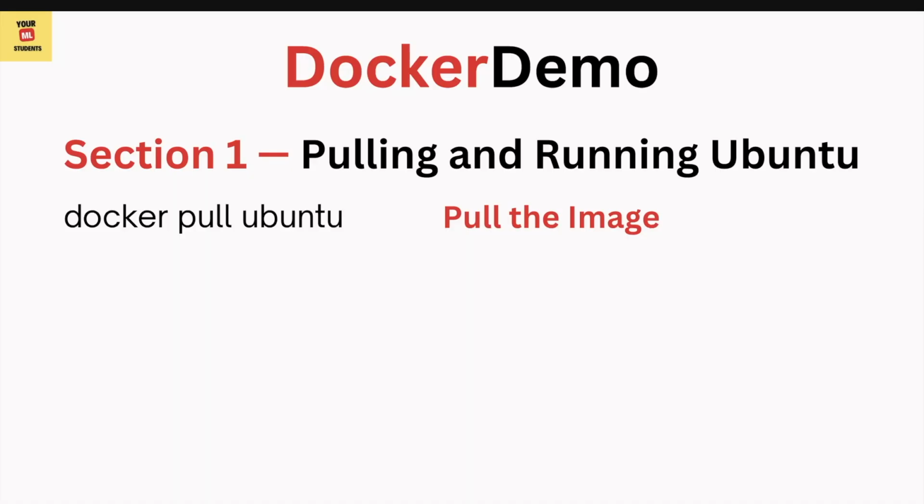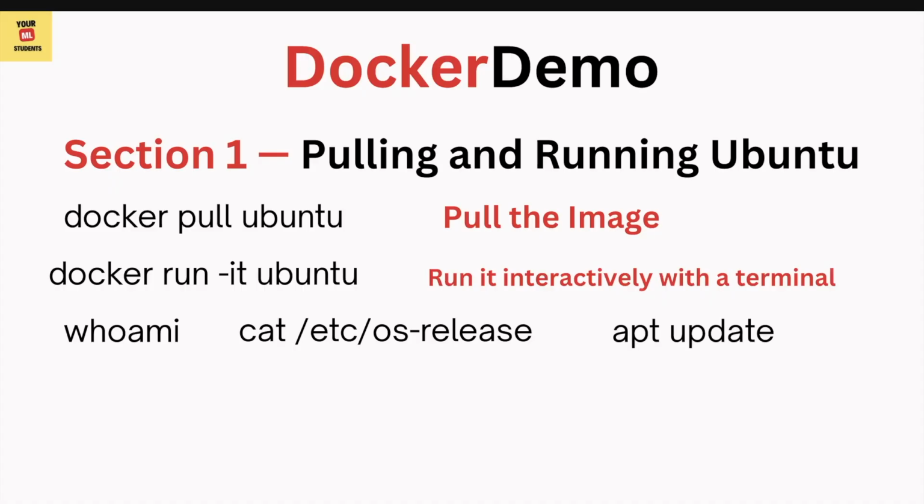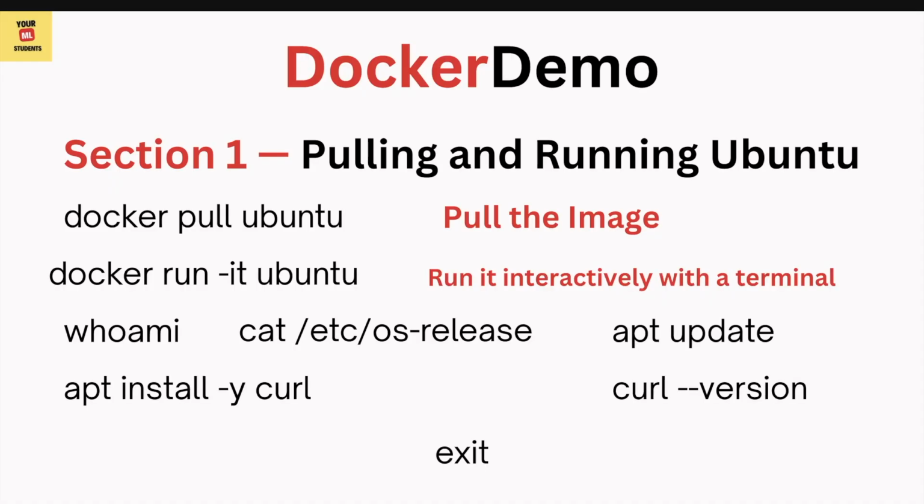There are a few commands we discuss. docker pull ubuntu: if you execute this command, you will be able to pull the image. Then docker run -it ubuntu, which will help you run interactively with the terminal. I'll explain what interactively means when we execute the command inside our terminal. Then whoami, cat /etc/os-release, apt update, apt install -y curl, curl --version, and exit.